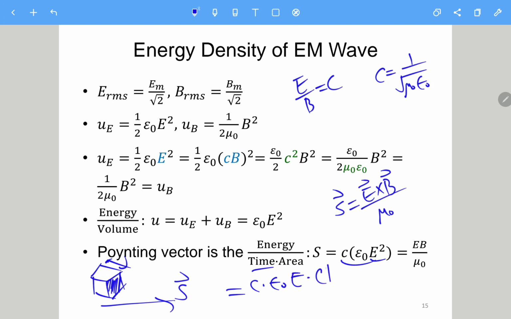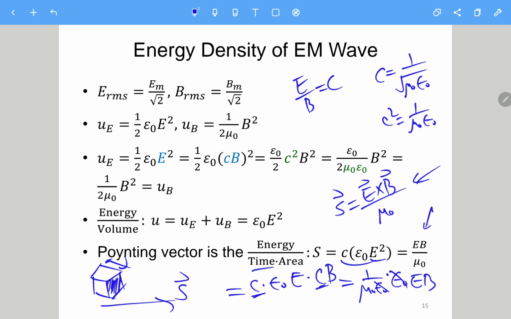So we have c squared, and c squared is actually 1 over mu naught epsilon naught. So we have 1 over mu naught epsilon naught due to this one, and then multiplied by epsilon naught EB. And then this epsilon naught and this epsilon naught can cancel each other. So finally we get this EB over mu naught. That's why the Poynting vector is defined like this.